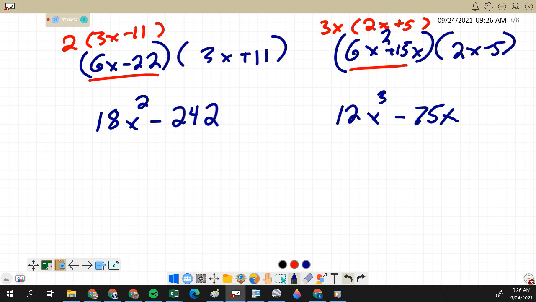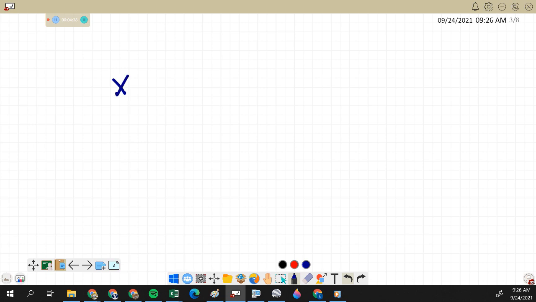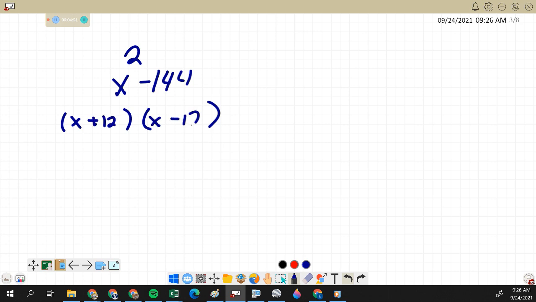So if I asked you to factor x squared minus 144, what would the factors be? x plus 12 and x minus 12. So on G through L, all you have to do is factor and you're done.